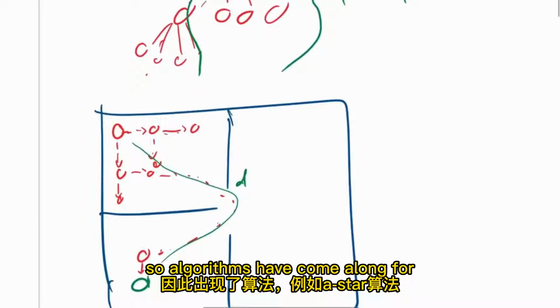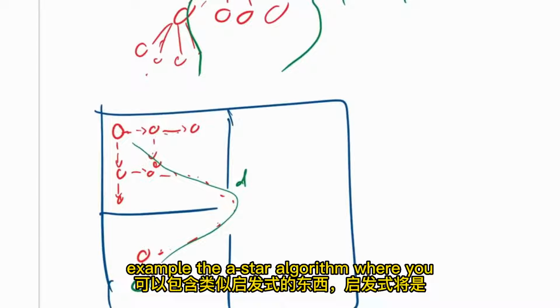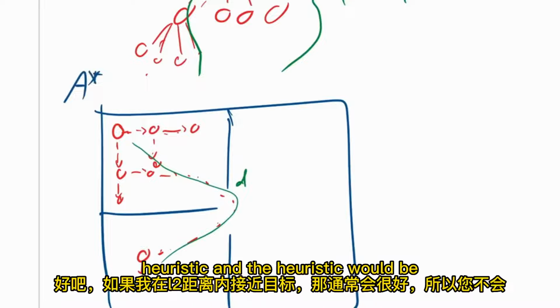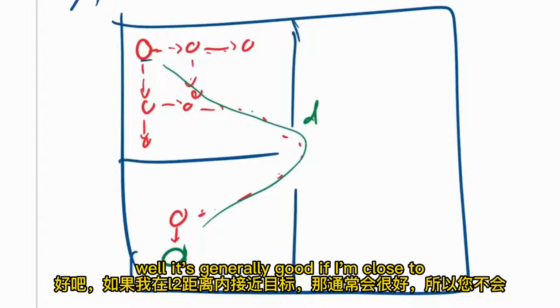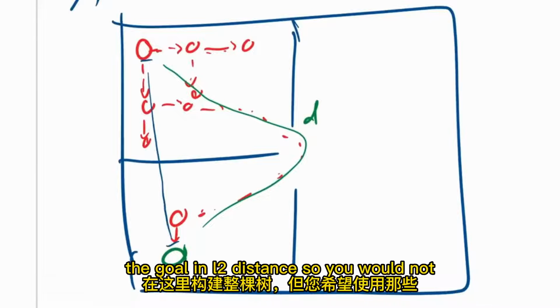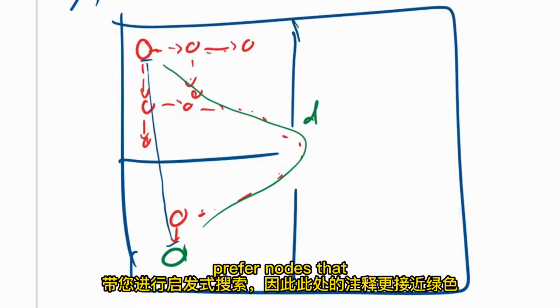So algorithms have come along, for example, the A* algorithm, where you can incorporate something like a heuristic. And the heuristic would be, well, it's generally good if I'm close to the goal in L2 distance. So you would not build the entire tree here, but you would prefer nodes that will bring you towards this heuristic.